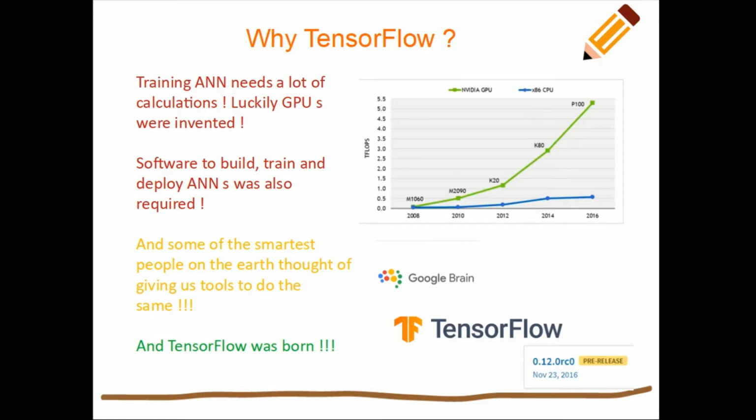And one good thing about TensorFlow is actually they were kind enough to make it open source, right? And that's what fueled the growth of the deep learning adoption by the industry, right? So as you can see, GPUs came in, and the TensorFlow actually supported this fueling of the application of the neural networks. Okay.